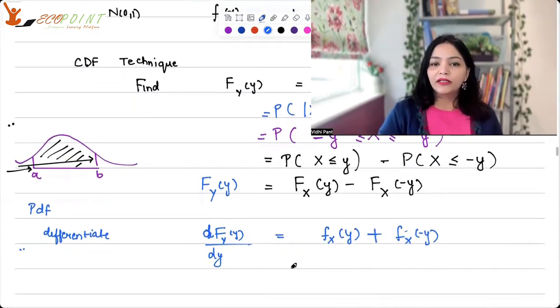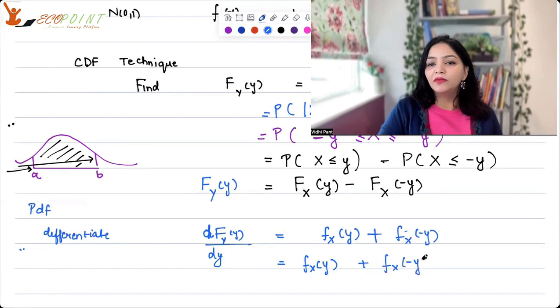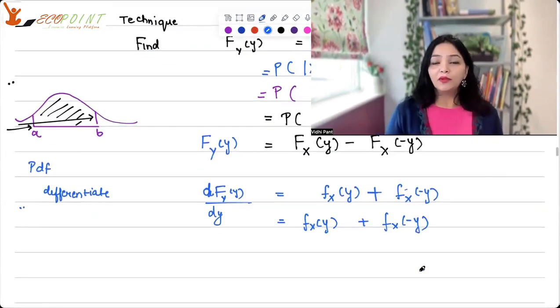So hence what you get is the PDF of x for the value y plus the PDF of x for the value minus y. अब आपको तो x का PDF पता ही है, it's standard normal, right?